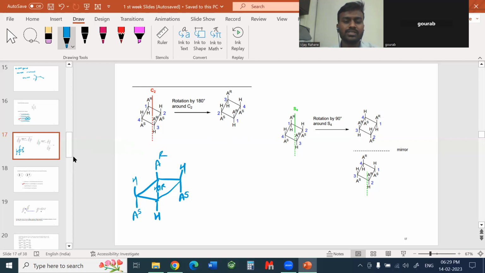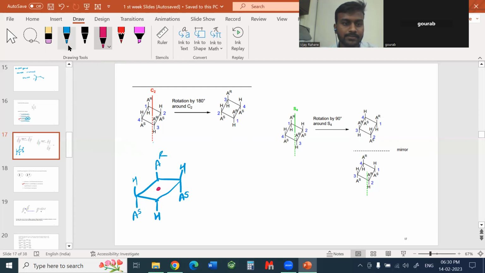See, we can easily see the axis which passes through this center. I will just hide this one for understanding. See, here is the one center, right?